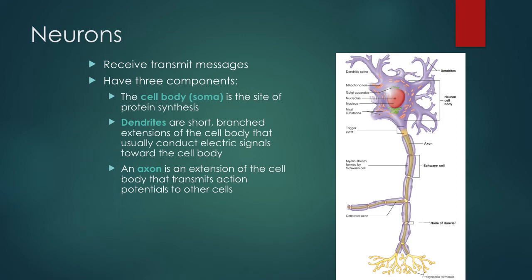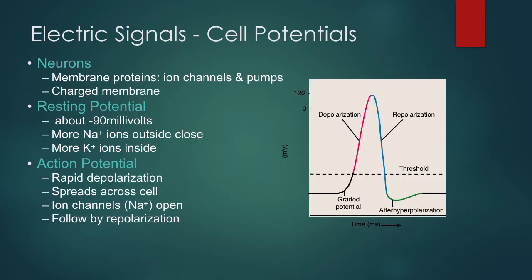And then they have an axon, which is another extension of the cell that can transmit action potentials away from the cell body towards other cells. Neurons are long-lived big cells that may have axons and dendrites that can be as long as 3 feet. And so we're going to talk about how they transmit these signals by changing the charge of their membranes.